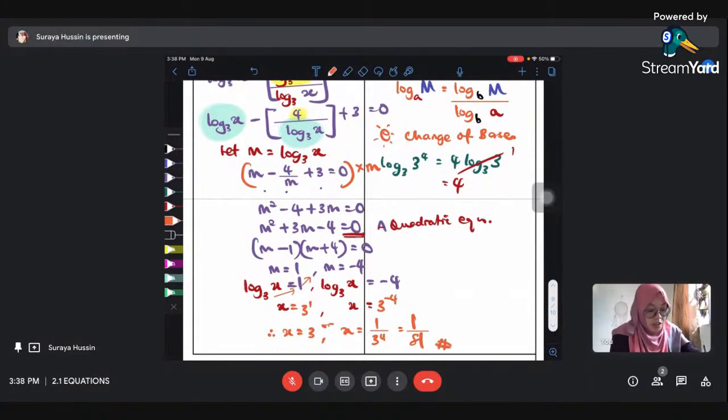And I put hashtag very quickly because I know both of them are acceptable because they are positive.